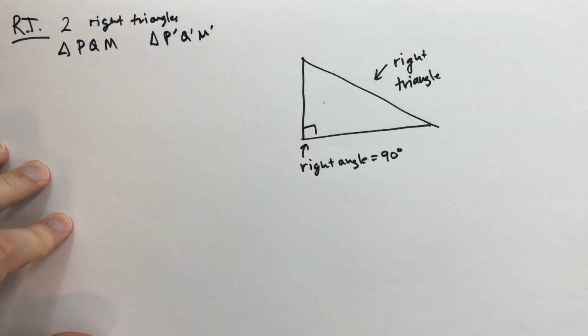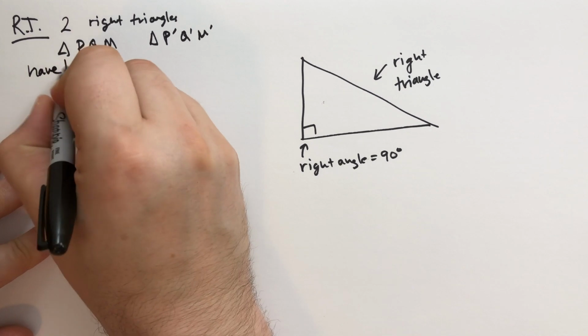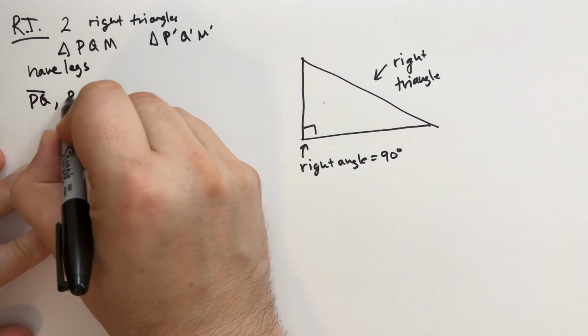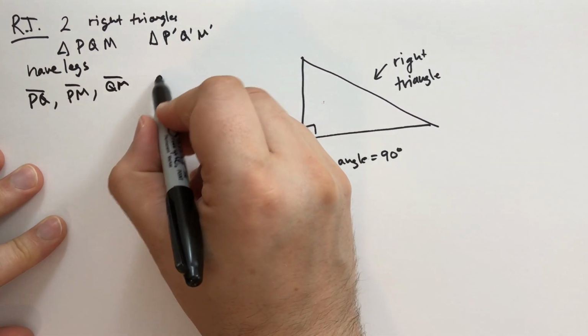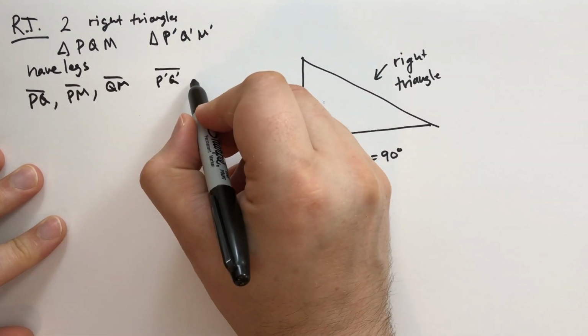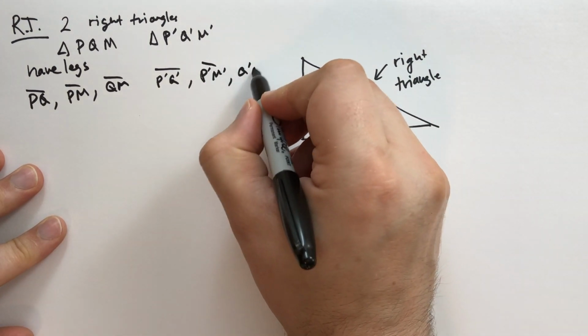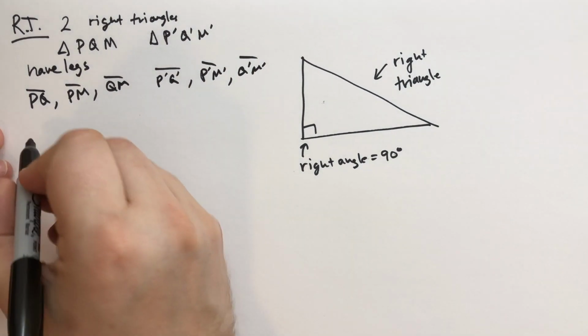Okay, so 3 separate points, and they have legs, obviously. PQ, PM, and QM, and over here we have P prime, Q prime. We have P prime, M prime, and we have Q prime, M prime. So they have 3 legs. And the legs have equal length.